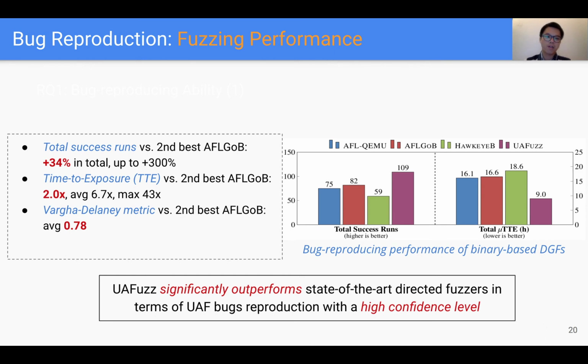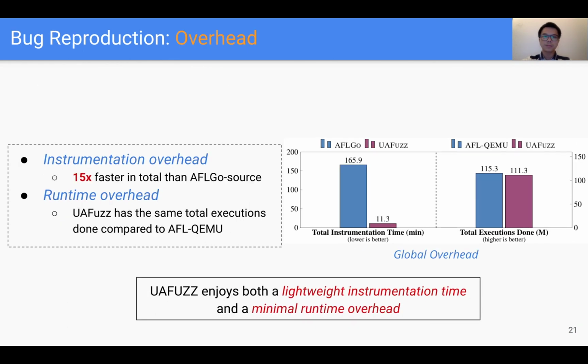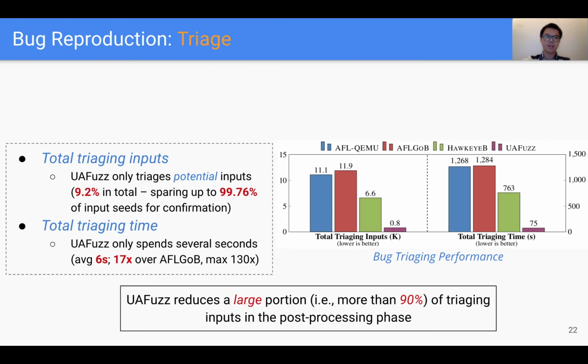For example, UAFuzz finds bugs 2 times faster than the second best fuzzer, in this case AFLGo. UAFuzz also enjoys lightweight instrumentation time, for example 15 times faster than AFLGo, and also a minimum of runtime overhead compared with AFL.